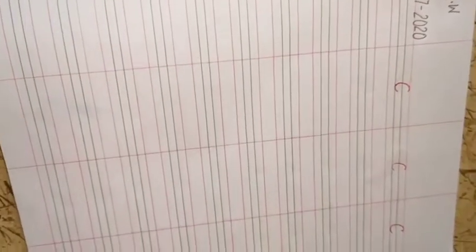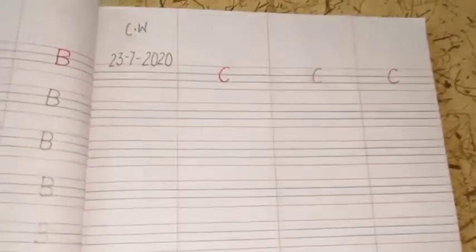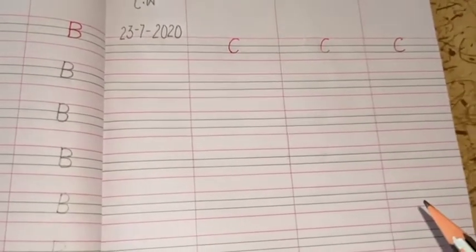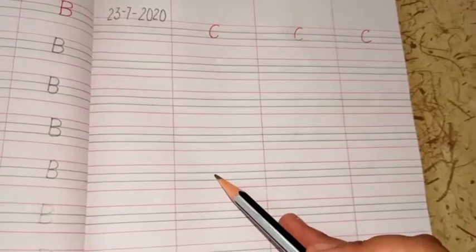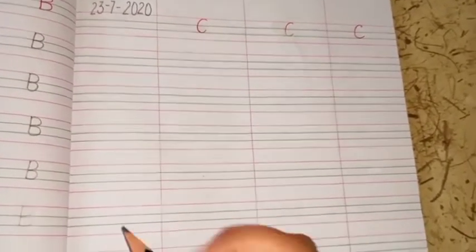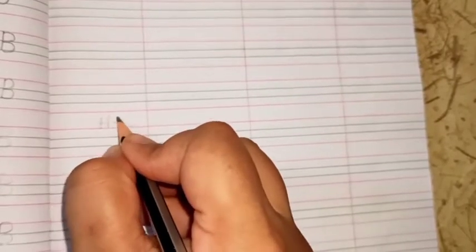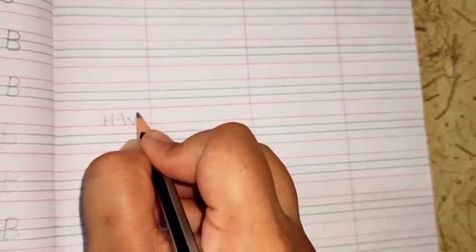See all of you how we will make letter C. As I have told you, we will write only first 4 lines in the copy, 1, 2, 3, 4, and the rest of the lines will be your homework. So here we will write H, W. This is our homework.